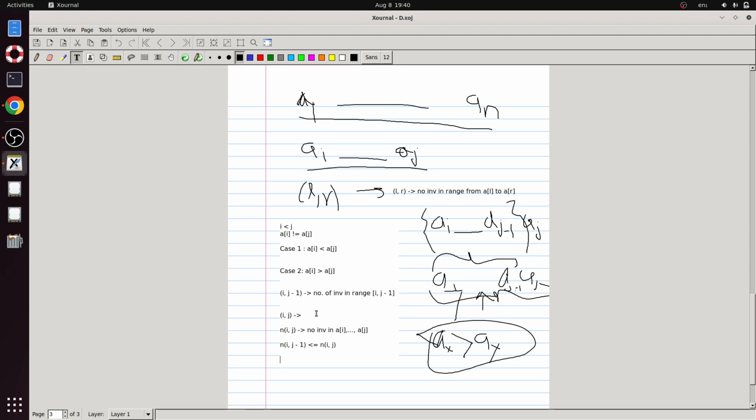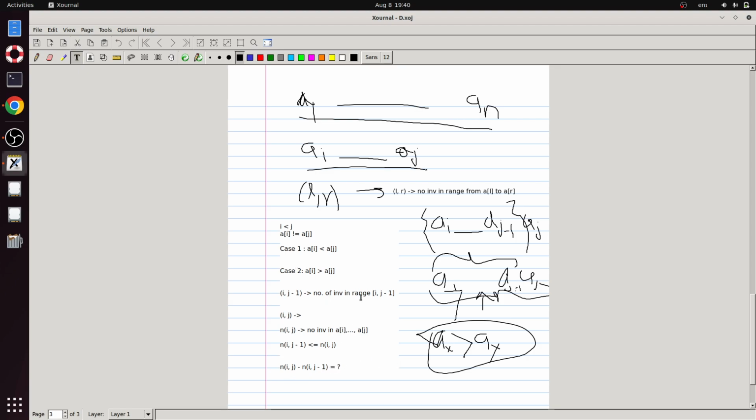Now consider what happens when a of j is added to this I till j minus 1. How many more inversions can there be? Basically, the question I am asking is, what will be this difference?